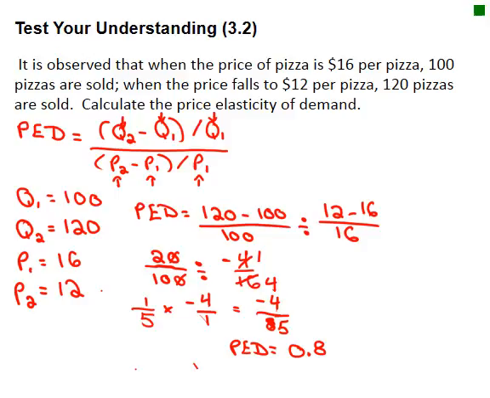So let's clean this up. So we would have 1/5. This is 1/4. Multiply by the reciprocal. We're left with negative 4 over 5. And so PED, we're going to get rid of the negative and express it as a decimal. And once again, we have 0.8.